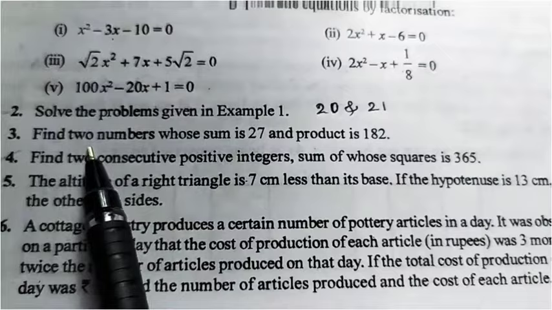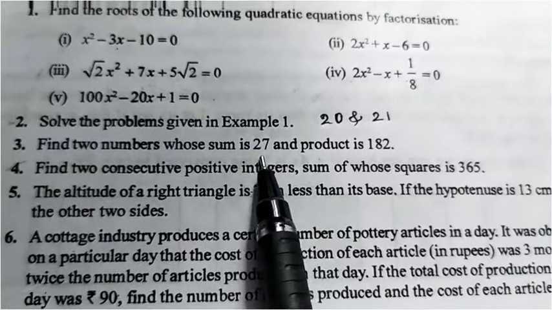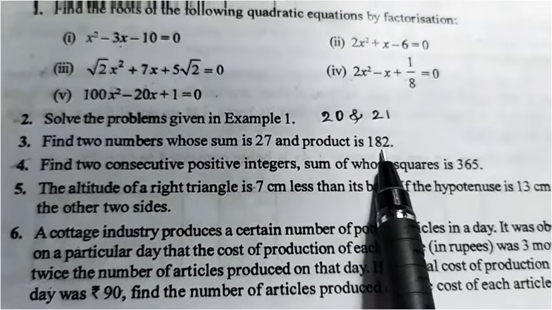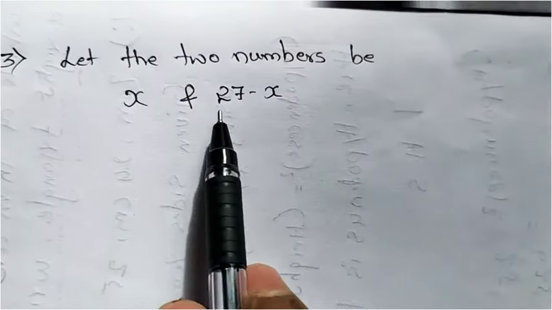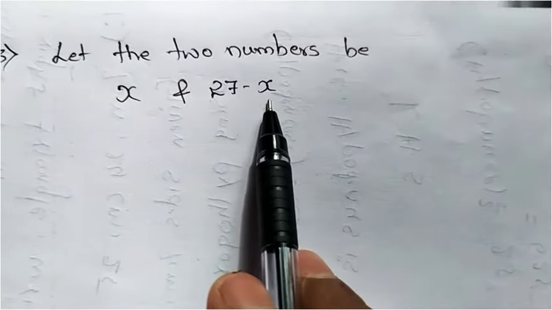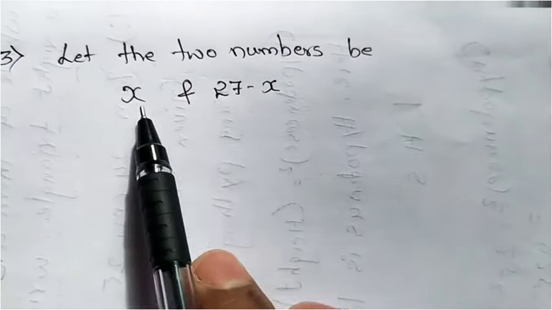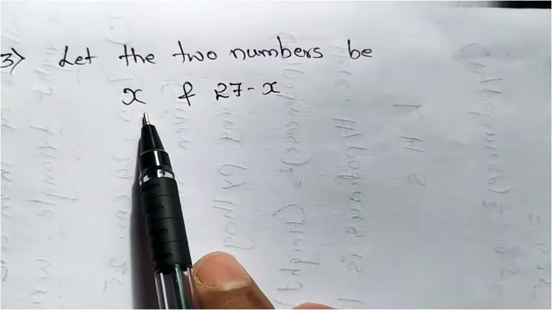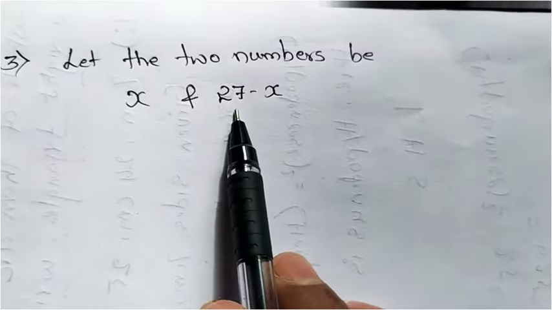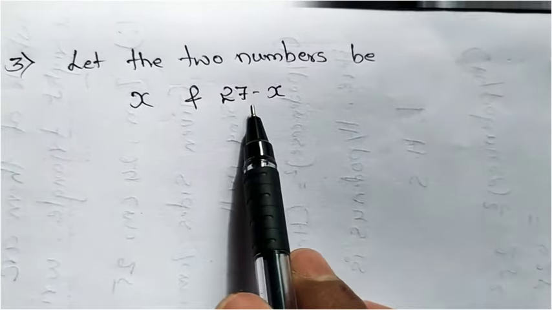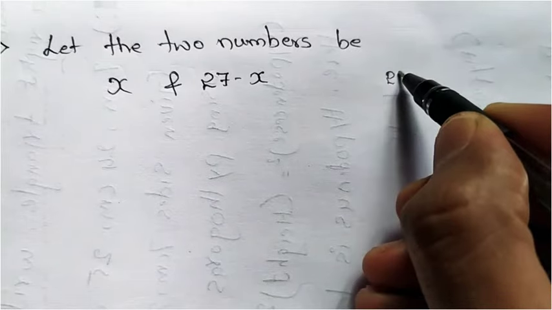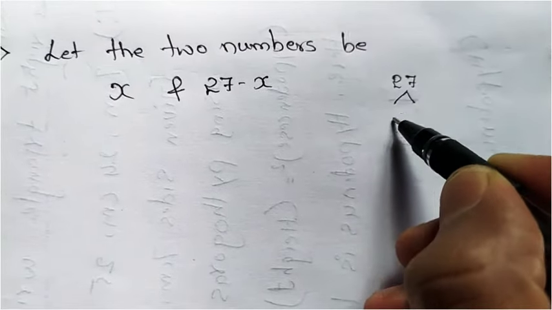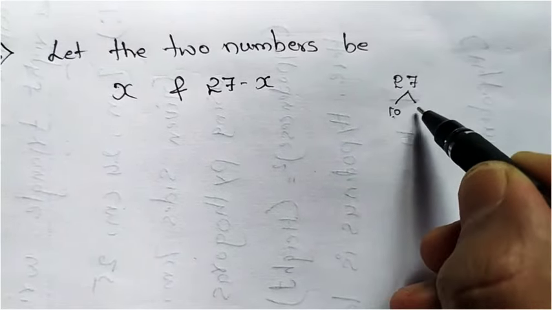The third question: find the two numbers whose sum is 27 and product is 182. Let the two numbers be x and 27 minus x. Why did I take one as x? Because it is unknown, so I took x. Then why is the second one 27 minus x? Because see, if I take 10 out of 27, what is the remaining?